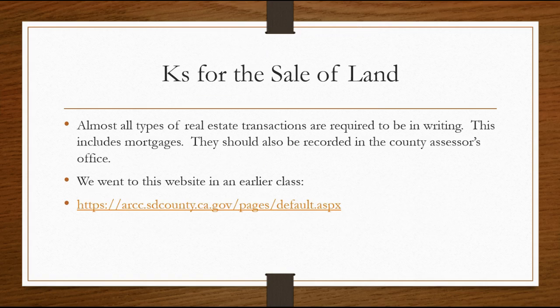All right. Typically, everything about real estate purchases has to be in writing. Here's this website we went to earlier in class. It's the San Diego County Recorder's website. It's a public record website. It talks about mortgages, sales of land, and you can look up how much your neighbor paid for their house, sort of thing.